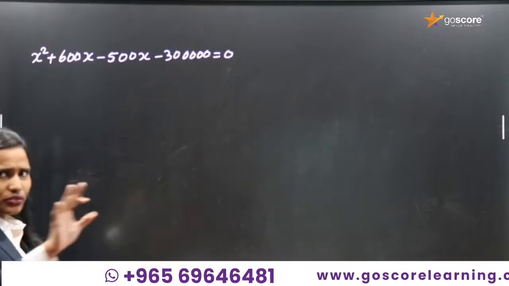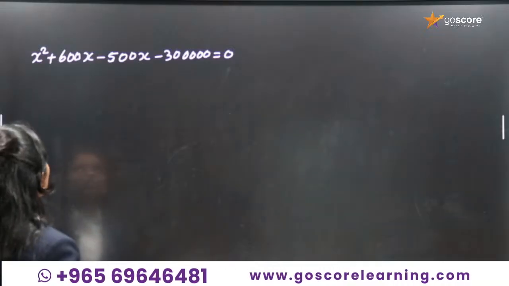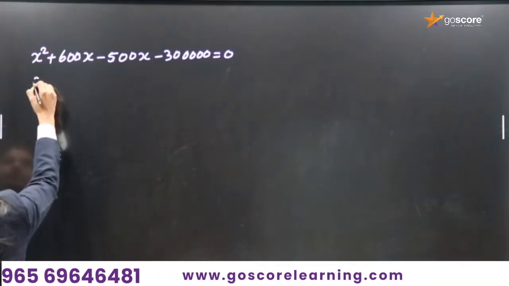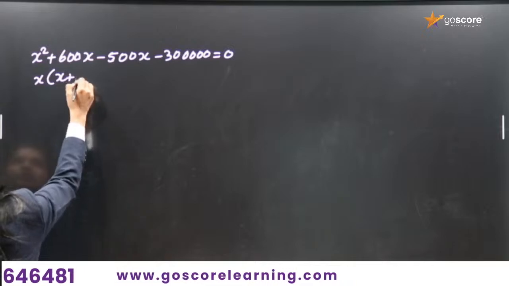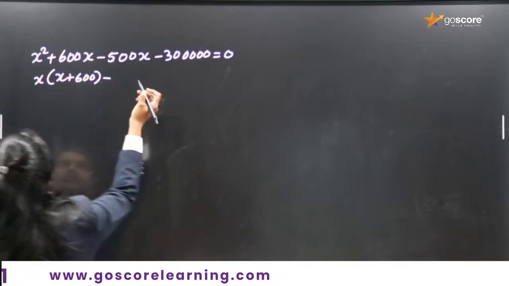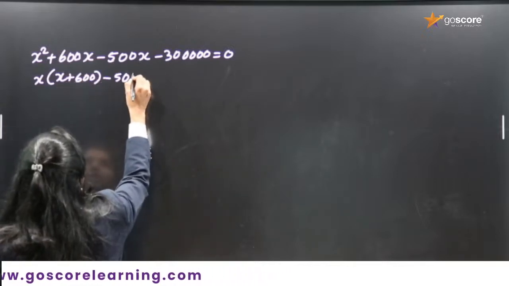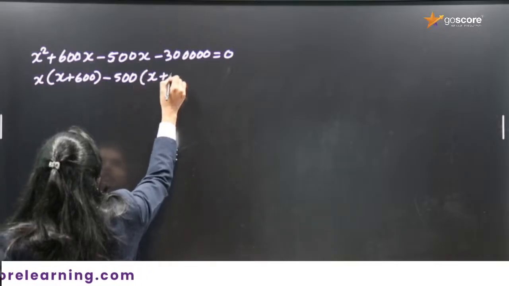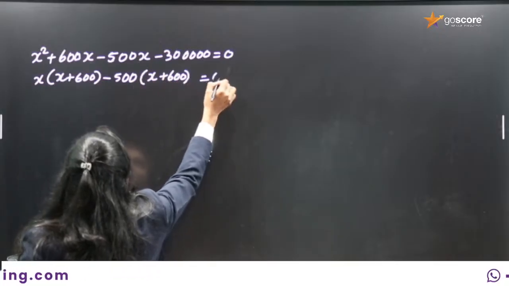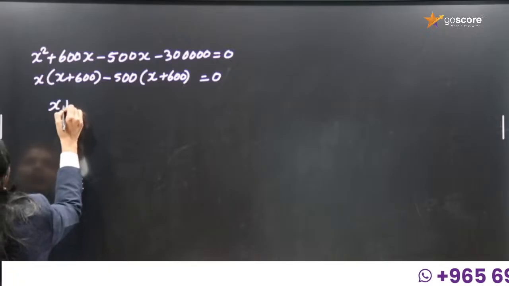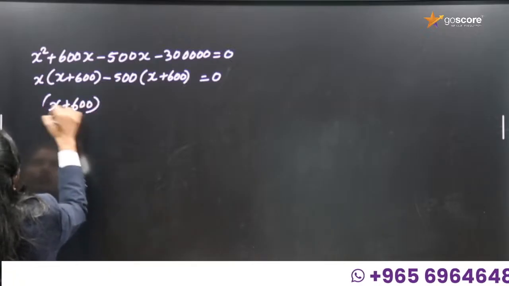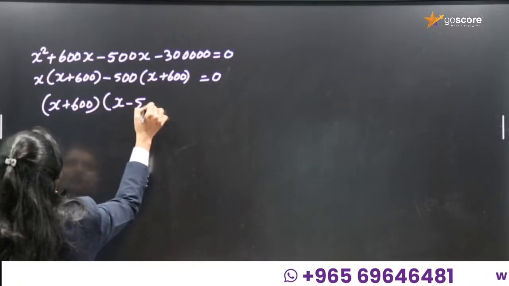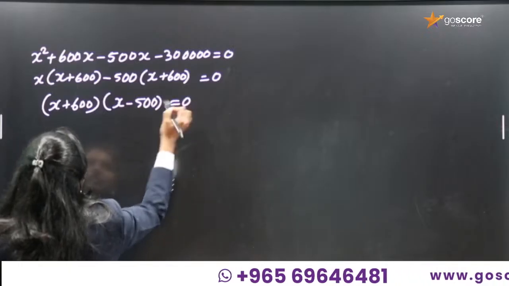Otherwise, you can go for that discriminant method. Now, from the first two, I will get x into x plus 600, minus, from the second one, I will get 500 into x plus 600, which is equal to 0. Now, x plus 600 into x minus 500 equal to 0.